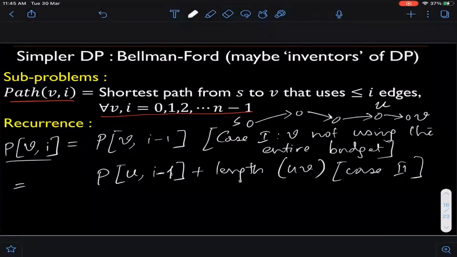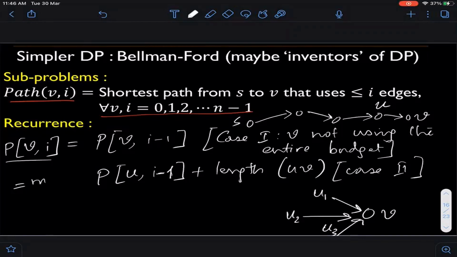So what are the options for U? If I am at a vertex V, what are the only possible options for U? Well, the only possible options for U are the vertices which have some outgoing edge to V. Remember, it's a directed graph. So it could be U1, it could be U2, it could be U3. The last edge will be one of these three, it can't be anything else. So I will just take a minimum.